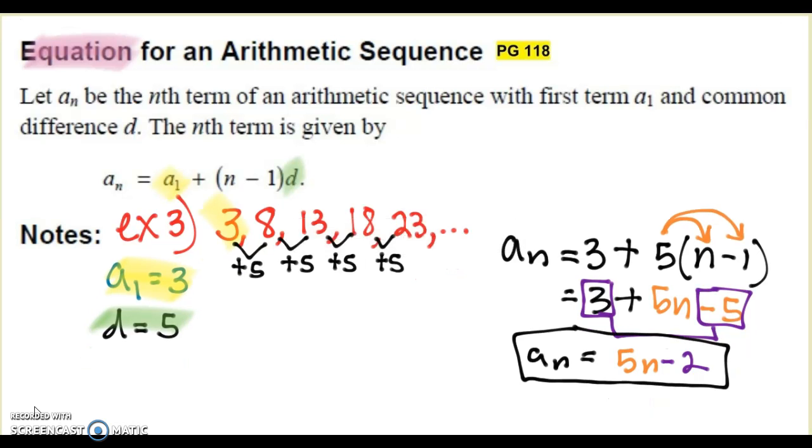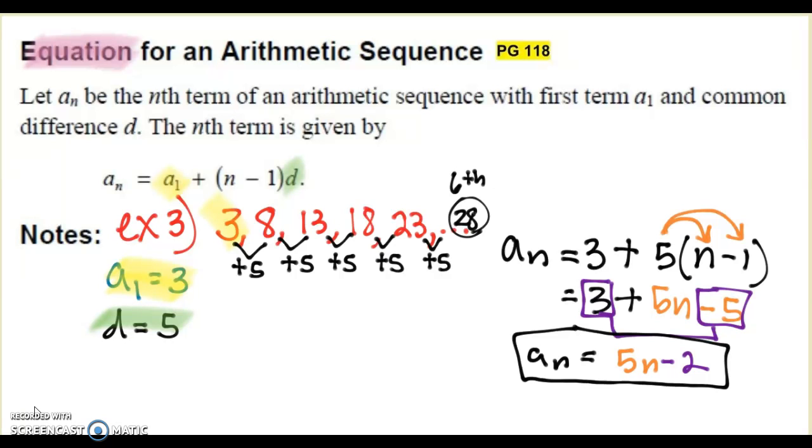Let's say that we wanted to find the value of the sixth term. Now, we can utilize the sequence to figure that out because it is the next term. So if we were adding 5 before, then we can simply just add 5 again to 23, and we'll have 28, which is our sixth term.